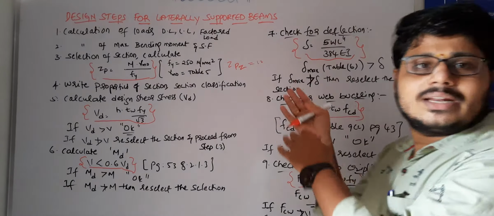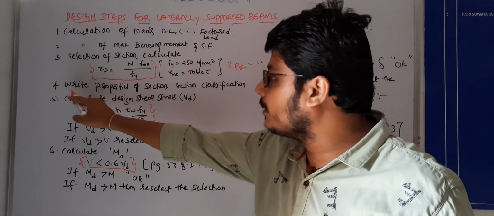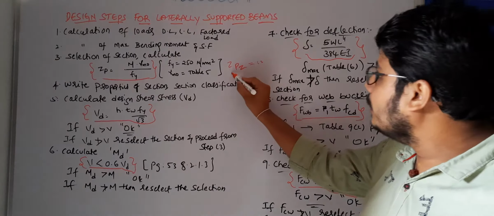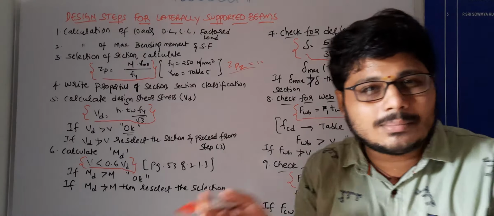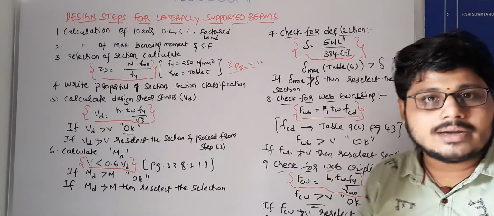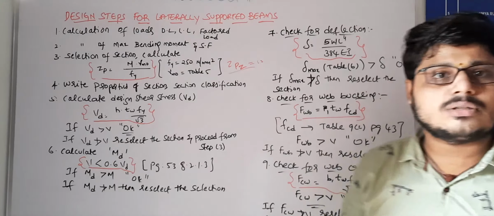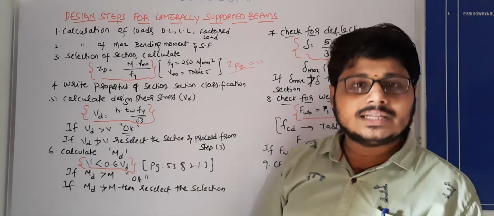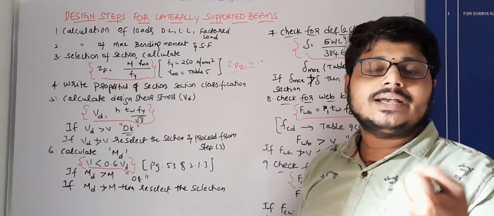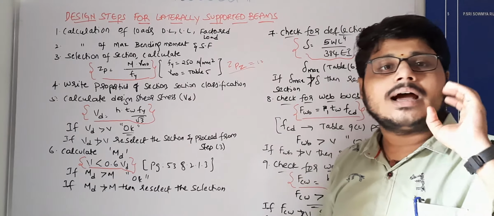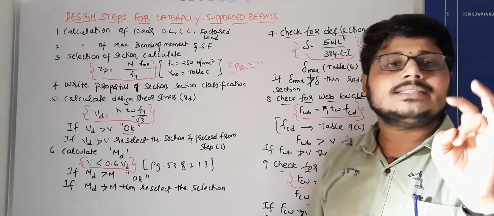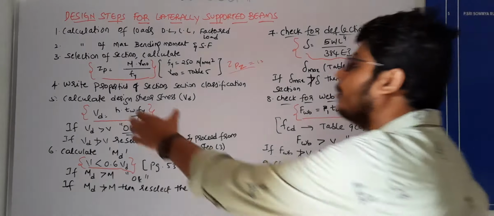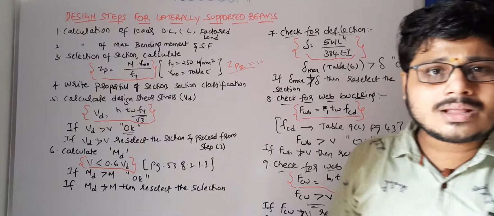By doing the problem we can understand. Fourth step, write the properties of the section. Here we select a section like ISLB 500 and write its properties: height, width of flange, thickness of flange, radius of gyration, moment of inertia, plastic section modulus ZPZ, and elastic section modulus ZEZ. All properties we will write.